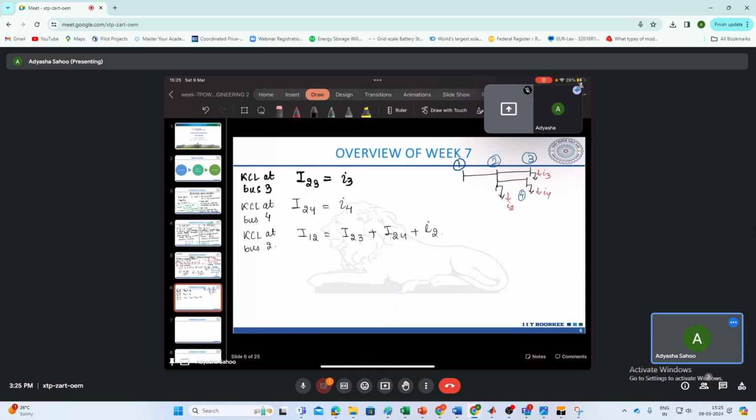So this is basically I12, this is I23, and this is I24. Right, so incoming current is equal to sum of outgoing current. So from here, you can calculate the value of I12. So this is at the end of first iteration.